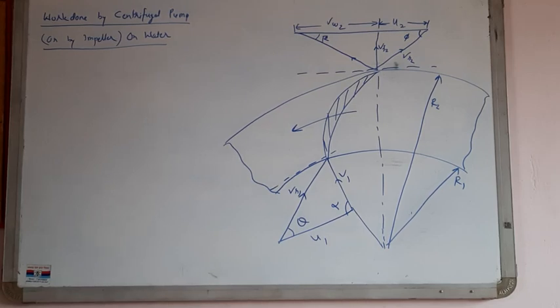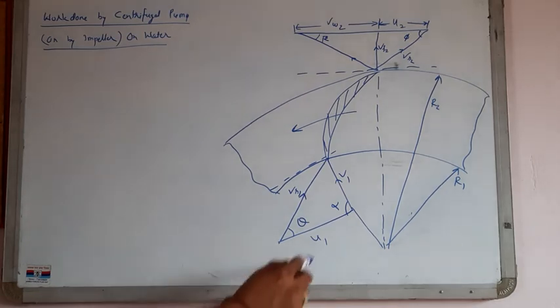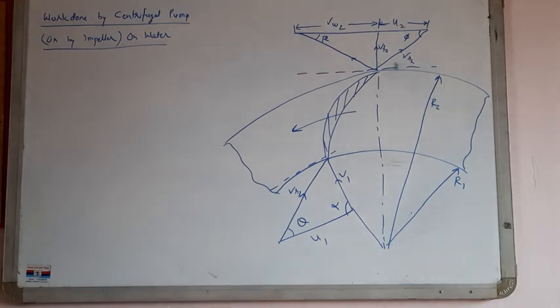The water enters the impeller radially at inlet for best efficiency of the pump, which means the absolute velocity of the water at inlet makes angle 90 degree with the direction of motion of impeller at inlet.